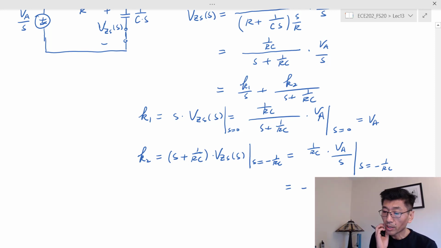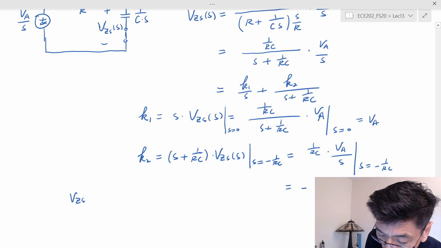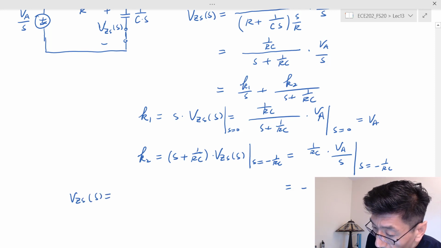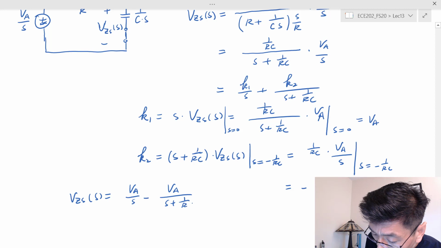So no surprise there. Therefore V sub ZS of s is equal to VA over s minus VA over s plus 1 over RC.